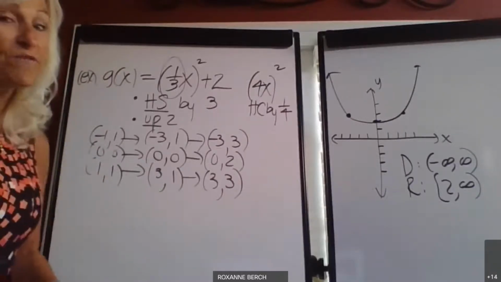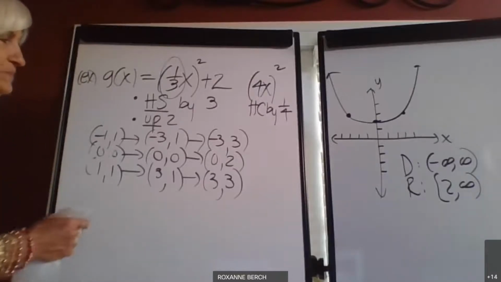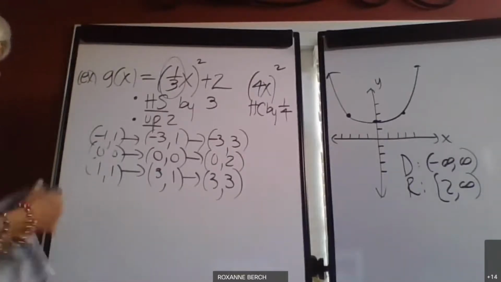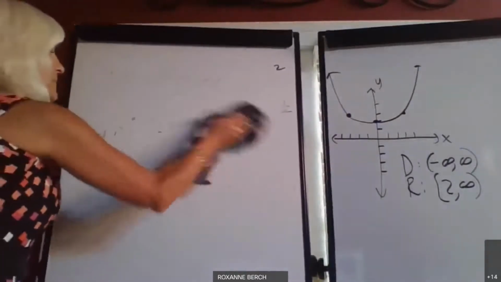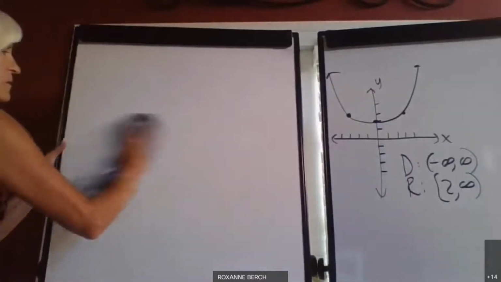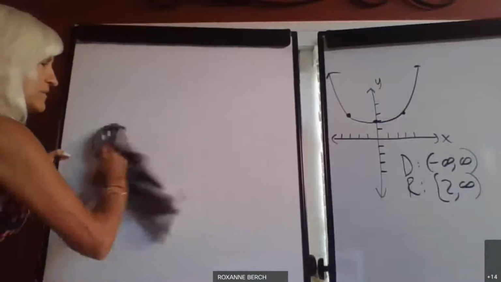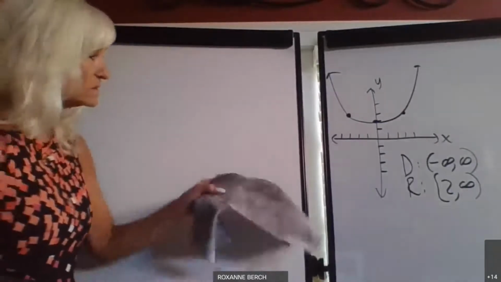If it's a proper fraction, it's a compression. Does that make sense, guys, or no? Can you give me some feedback, please? Do you want me to do another problem? You guys okay, or what?